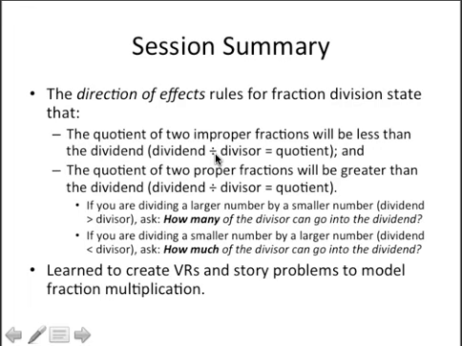We learned that the quotient of 2 improper fractions, fractions greater than 1, will be less than the dividend, and that the quotient of 2 proper fractions, fractions less than 1, will be greater than the dividend. If you divide a larger number by a smaller number, you're asking conceptually how many of the divisor can go into the dividend. And if you're dividing a smaller number by a larger number, you're asking how much of the divisor can go into the dividend.